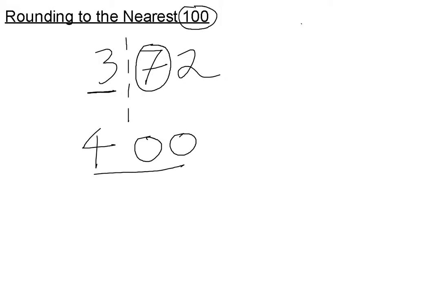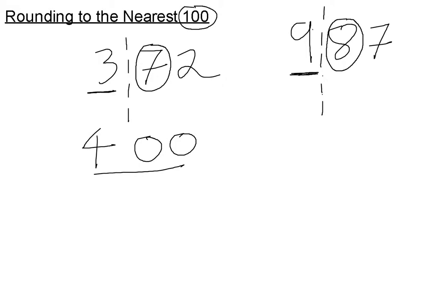Let's try a trickier one. Let's imagine I have 987, and I want to round that to the nearest 100. Well, I underline the 9 because that's the number in the hundreds column. Draw a dotted line. The 8 in the tens column will tell the 9 to round up. Now, you might think, well, what's that going to become?